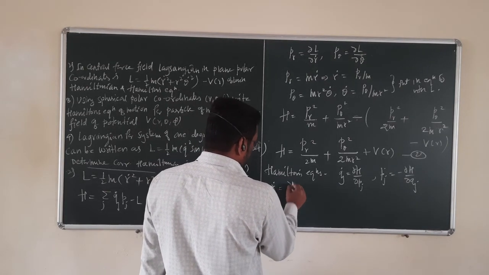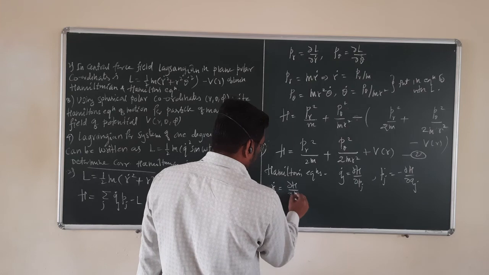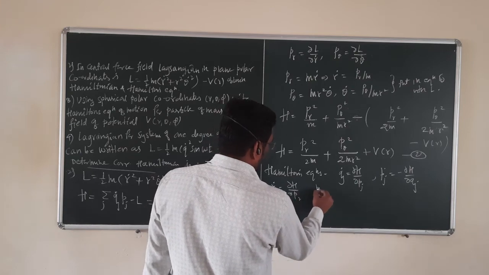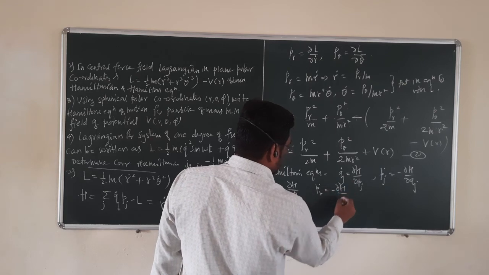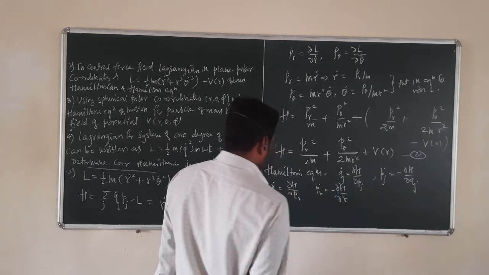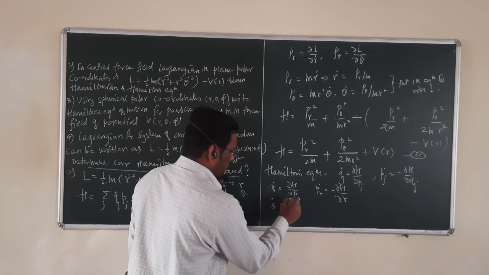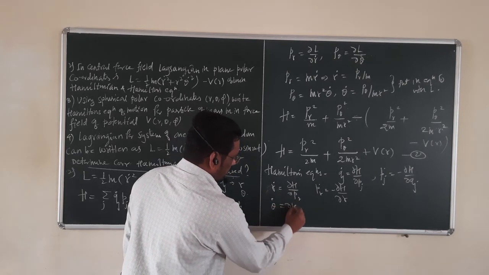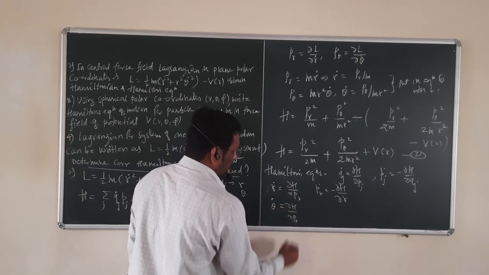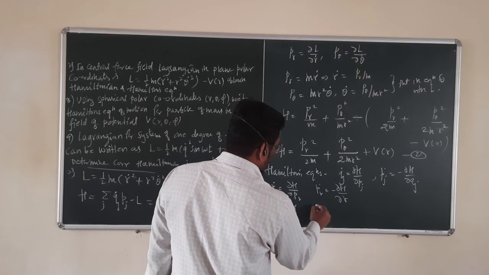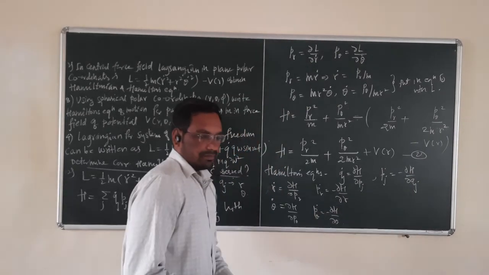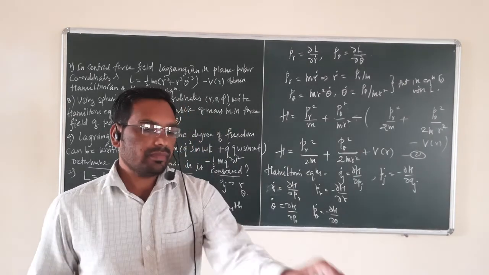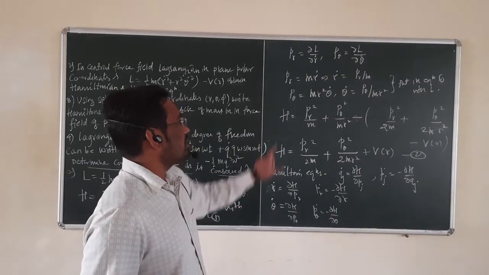So r dot is the partial derivative of H with respect to pr, and pr dot is minus the partial derivative of H with respect to r. Next is the equation for theta. So theta dot is the partial derivative of H with respect to p theta, and p theta dot is minus the partial derivative of H with respect to theta.